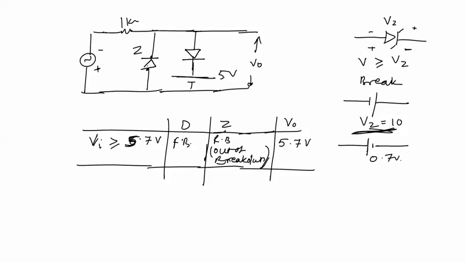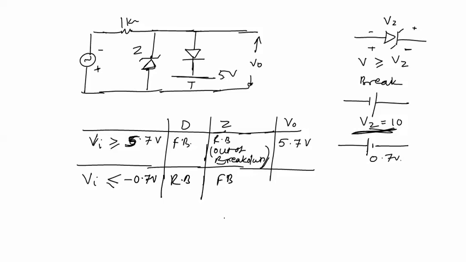But this Zener diode can be forward biased, and it is given that this diode has a voltage drop of 0.7 volt when forward biased. So this diode will be forward biased only if the input voltage is less than minus 0.7 volt. So if Vi is less than or equal to minus 0.7 volt in the negative half cycle, then this Zener diode will be forward biased, while diode D will always be reverse biased.